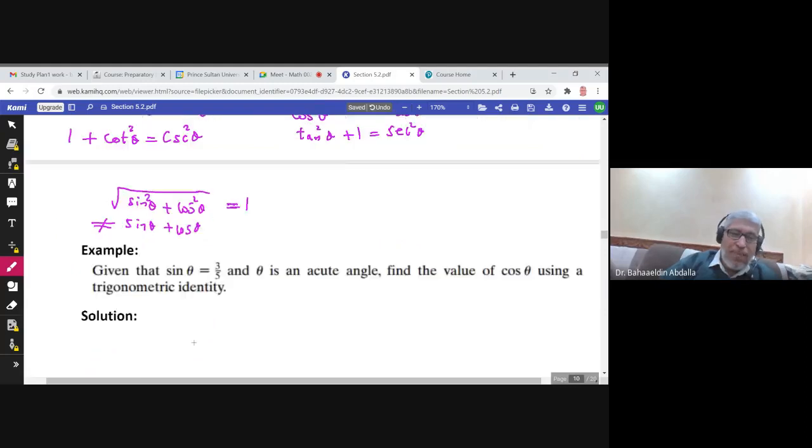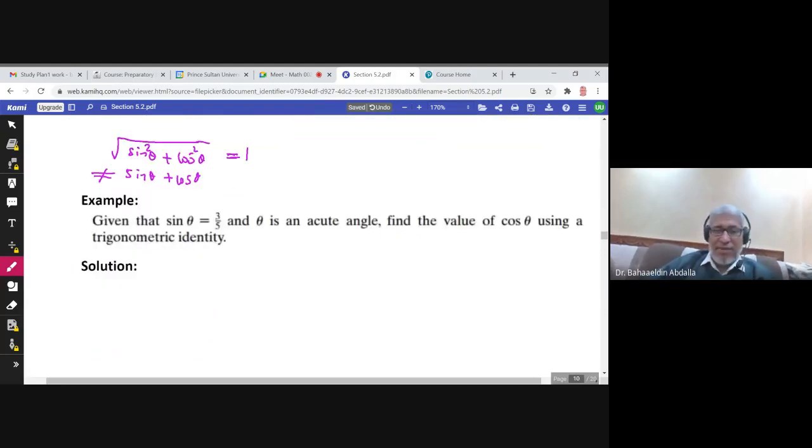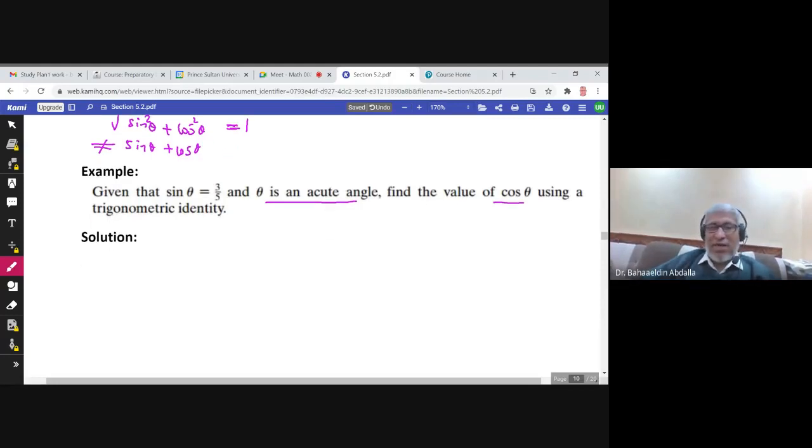All right. An example, given that sine theta is 3 over 5, and theta is an acute angle. Find the value of cosine theta using a trigonometric identity. What is the identity that gives us a relation between sine and cosine?